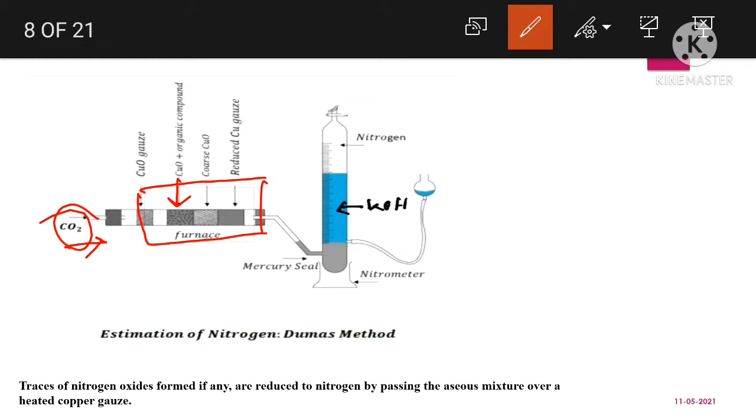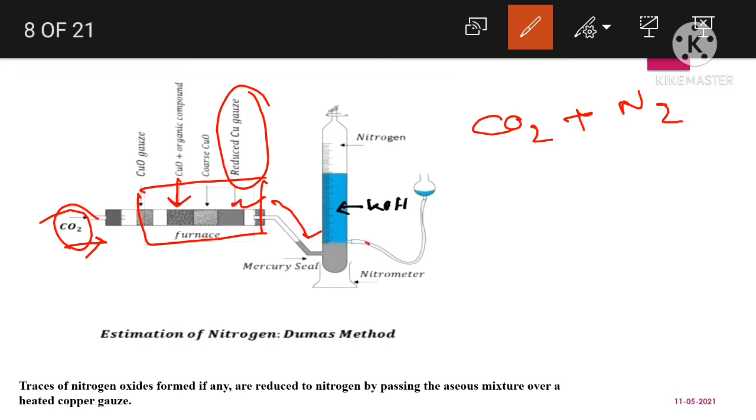Traces of nitrogen oxides can also be formed, and they can be reduced by the reduced copper gauze present here. So in total we get carbon dioxide plus nitrogen gas.